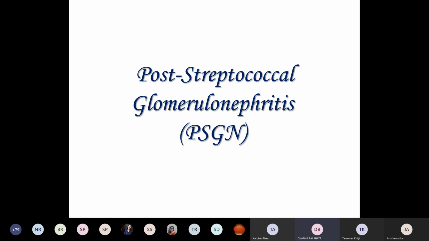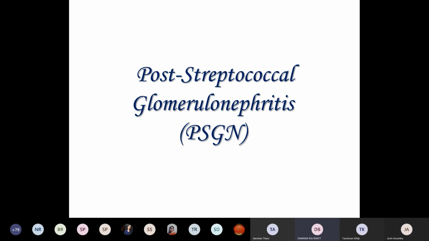After primary infection by streptococci, sometimes they are further associated with some additional and more severe conditions, complications, which we need to discuss in today's class. And one of those conditions is post-streptococcal glomerulonephritis.